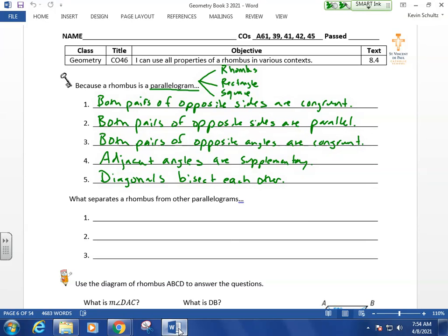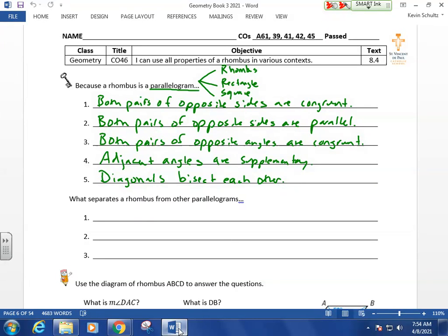And you've got all five of those characteristics outlined in CO45. So I probably should have done this originally, but it's making sure that we're all on the same page as far as what a rhombus looks like here.